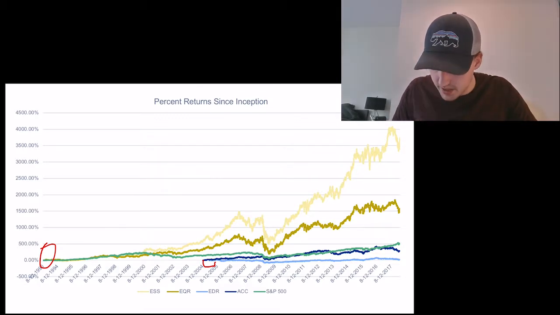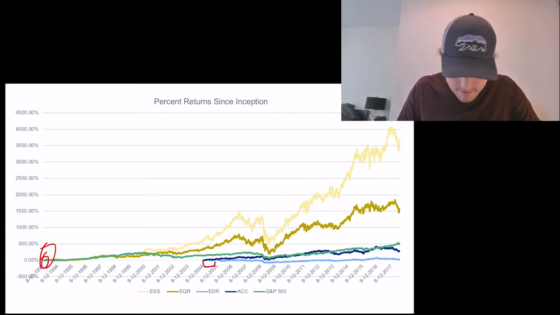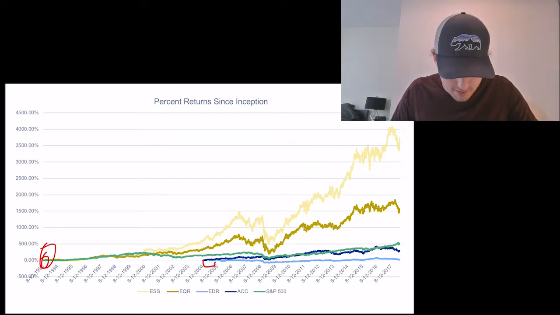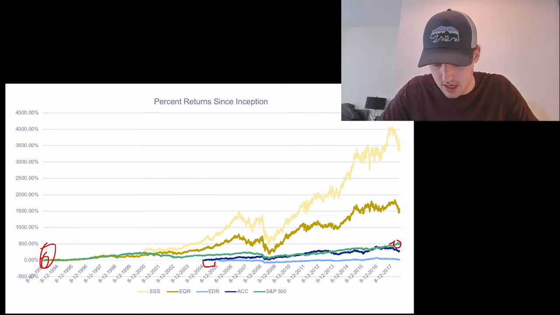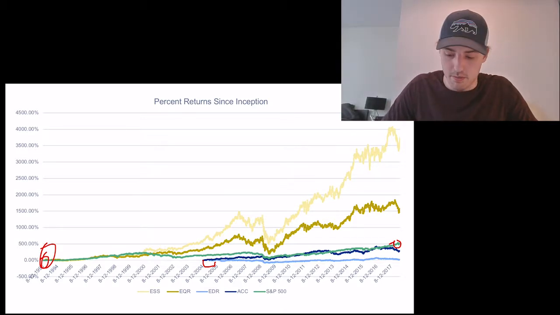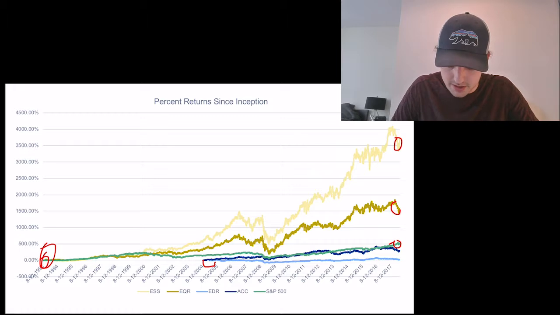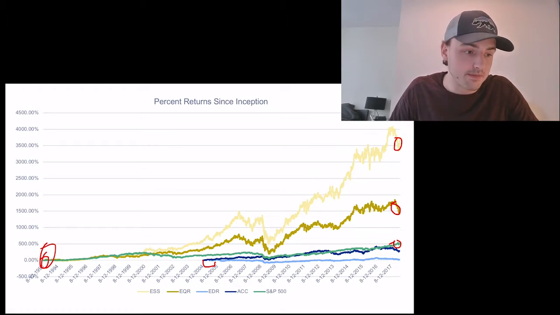So as we can see, from this point at this side of the graph to this point at this side of the graph, we're at this 500% return line. Meanwhile, the two apartment REITs have appreciated by roughly 3,500% for ESS and 1,500% for EQR respectively.